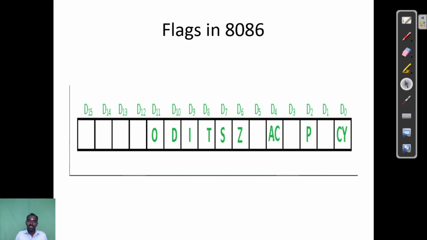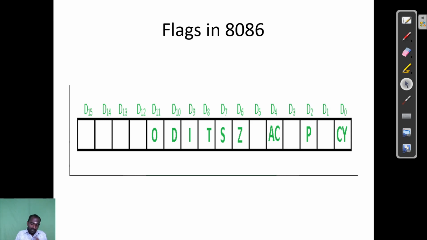The 9 flags are: carry flag, parity flag, auxiliary carry flag, zero flag, sign flag, trace flag, interrupt flag, direction flag, and overflow flag.